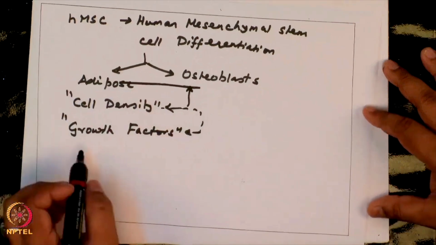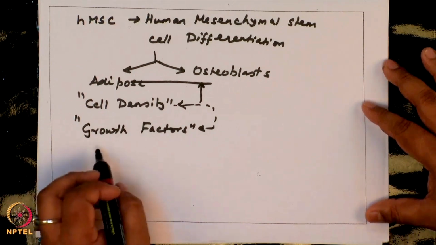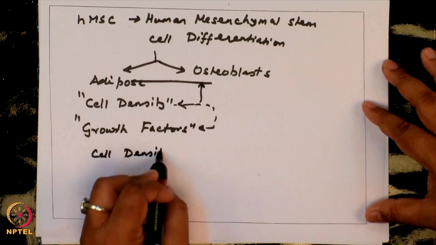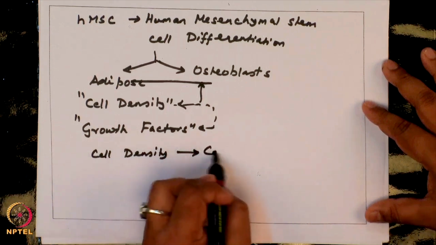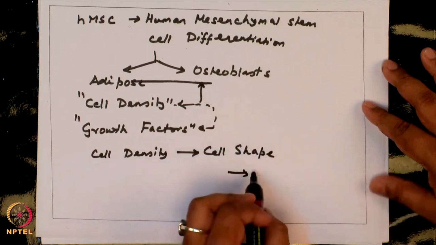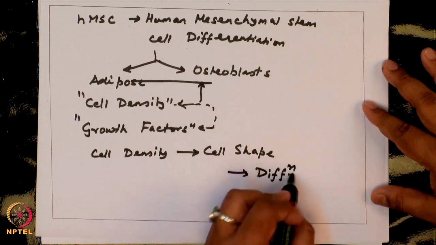Is it possible, imagine this picture, that cell density actually impacts the cell shape and cell shape then impacts the differentiation status?